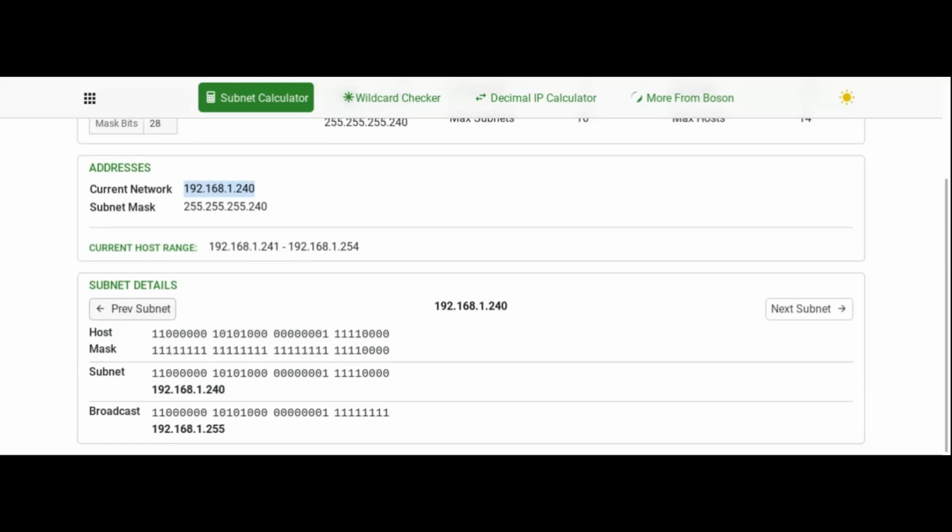This is the last subnet of the 192.168.1.0 classful network.